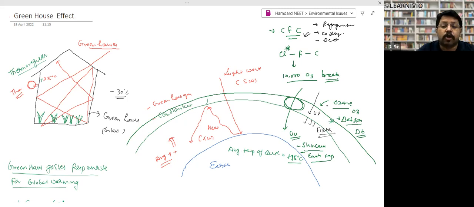One CFC molecule can break 10,000 ozone molecules by chain reaction, making a hole in the ozone layer.